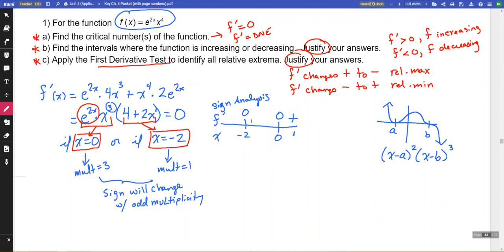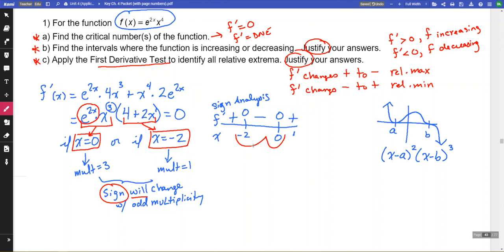If I put in a number between negative 2 and 0, I'm going to be negative. And if I put in a number to the left of negative 2, I'm going to be positive. I could evaluate those, but once again, the multiplicity lets us know the sign will change if it's odd multiplicity. So change sign, change sign.